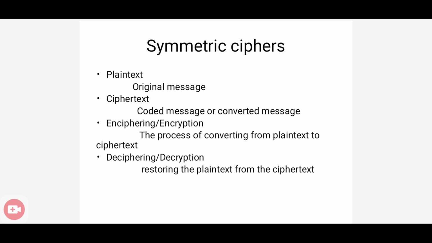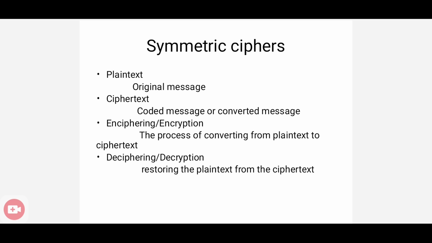That actually happens at the sender side. At the receiver side, what will happen? There will be a reverse process. What is the reverse process of encryption? The reverse process of encryption is decryption or deciphering.